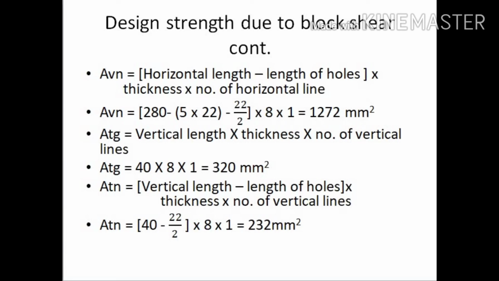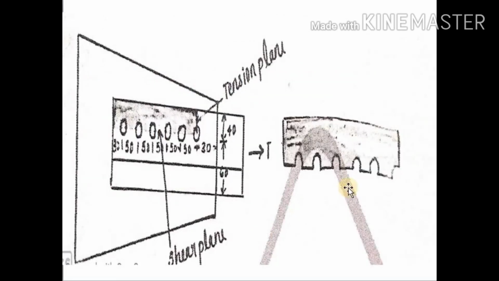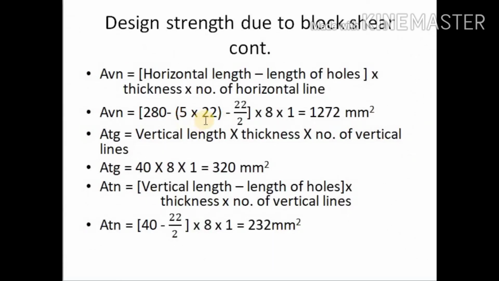There are 6 bolts, and failure occurs through half of the last bolt hole. So 5 holes as a whole, 1, 2, 3, 4, 5, and this one only half. That's specified here: 5 into 22 minus 22 by 2, into thickness 8 and number of horizontal lines 1. So you will get 1272 mm square.